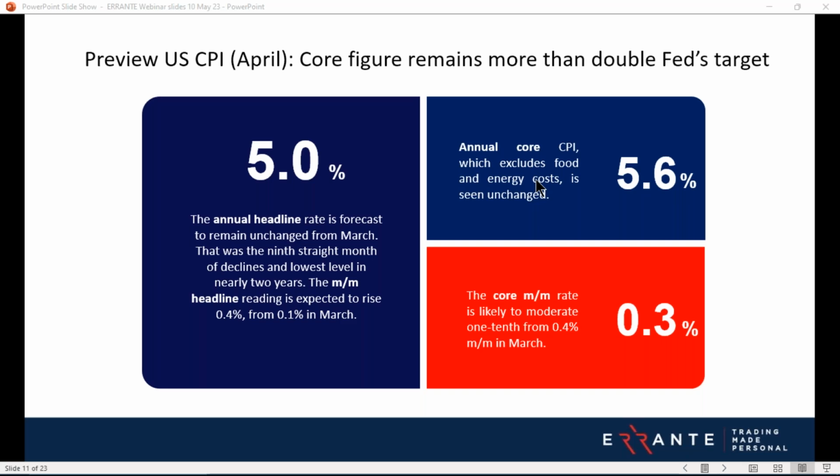That said, at the moment 5% is, of course, more than double the Fed's target of 2%, uncomfortably high for the Fed still, after its most aggressive rate tightening cycle in living memory. 500 basis points we've seen now, but we are coming off that high of 9.1% in the middle of last year, so it's very gradual disinflation at the moment.